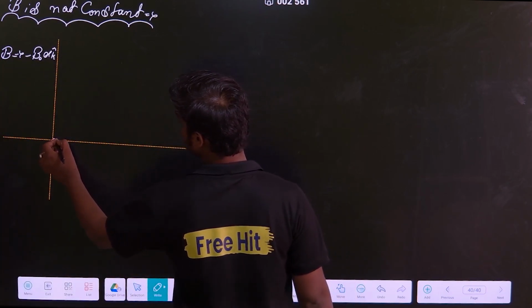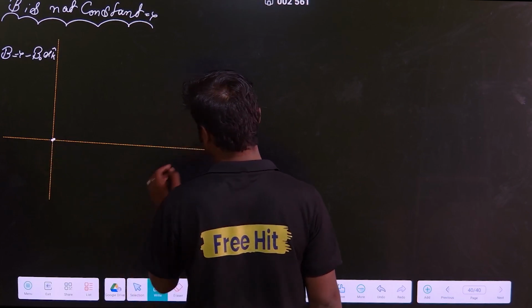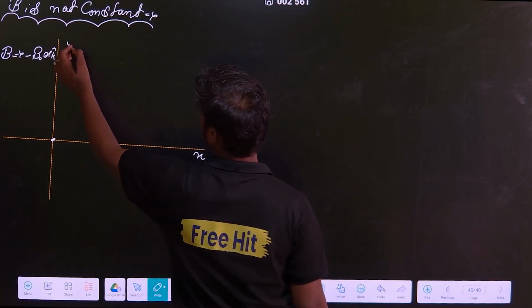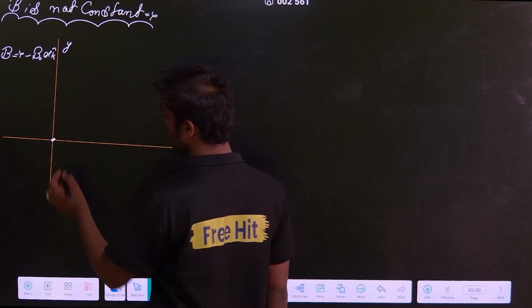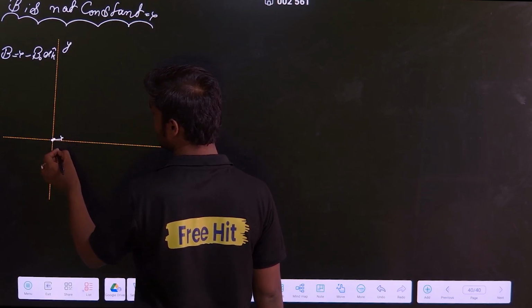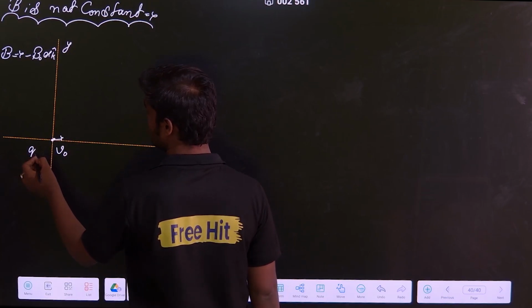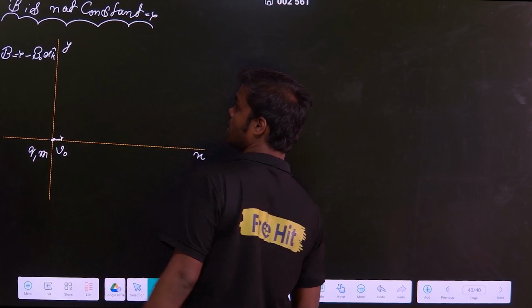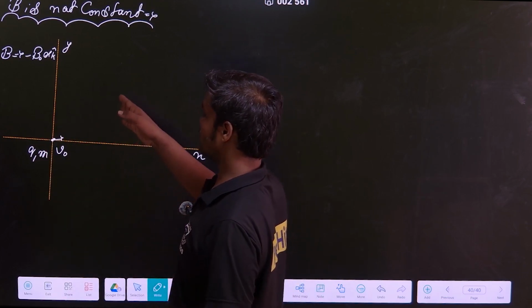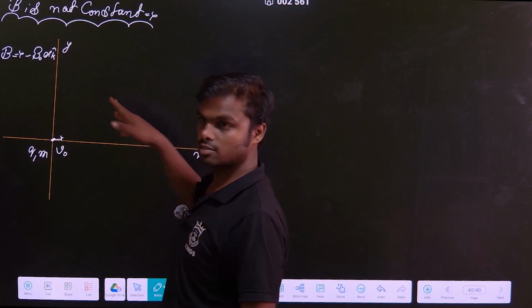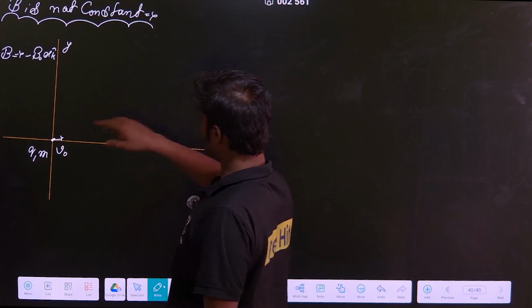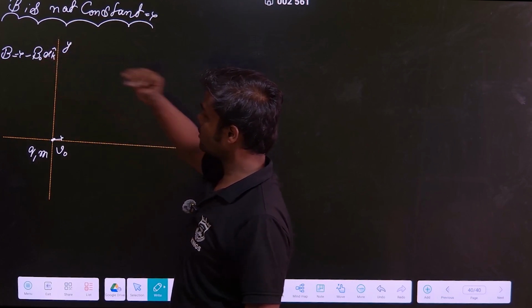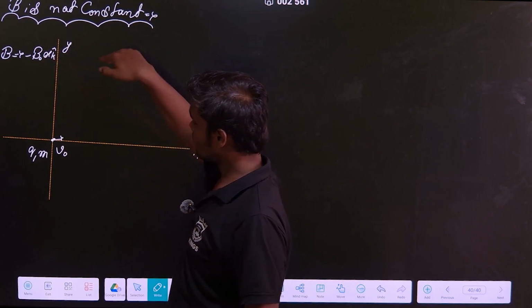Suppose this is my x, this is my y, and there is a particle. I send this particle with a velocity v naught, charge q, mass m. The magnetic field will be in which direction? It will be inside, because as my x is increasing, the magnetic field is decreasing, and it is in minus k cap.